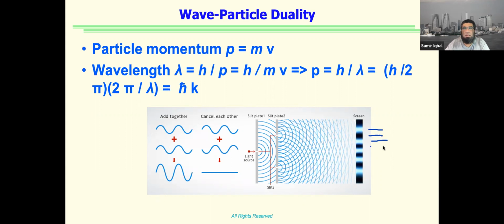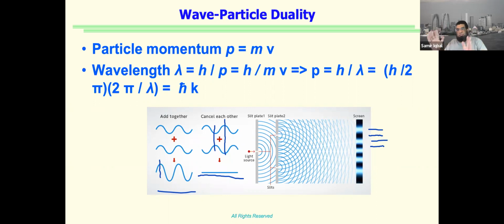And this gives us on the screen the true nature of a wave as it's traveling and interacting. If they add to each other, the total becomes larger. If they are interfering destructively, they cancel each other out.